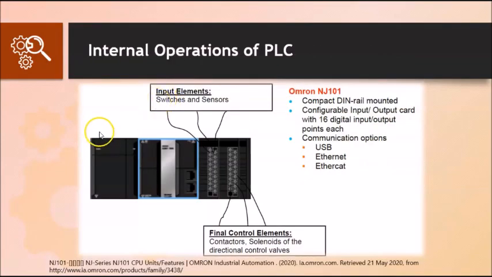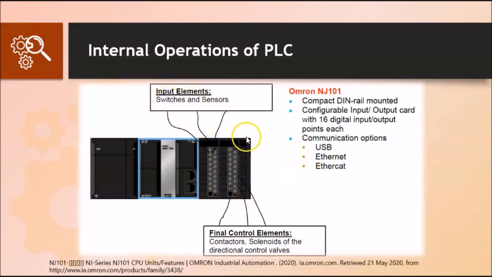In this following slide, I'm showing you the Omron NJ101 PLC block diagram. And as explained to you earlier, on the left here is the power supply unit. In the center is the CPU, the computer processing unit. And we have this input card where we wire all the switches and sensors.